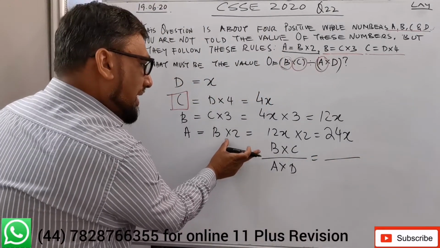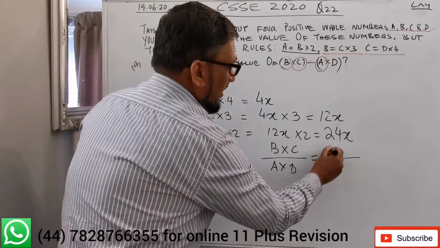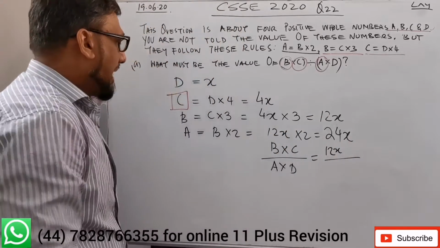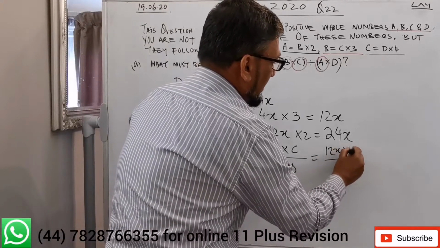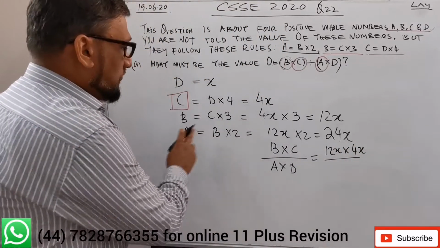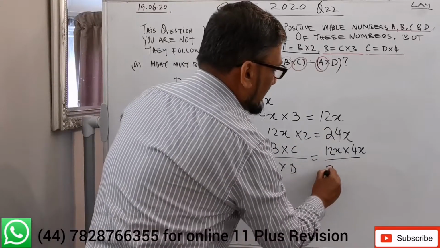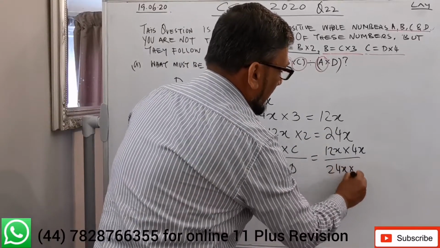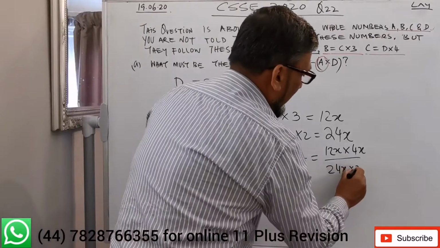The B we found is 12X, and the value of C is 4X, multiplied by 4X. A equal to 24X and D value equal to X.